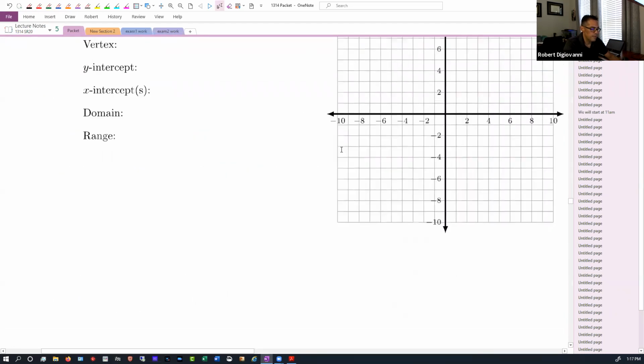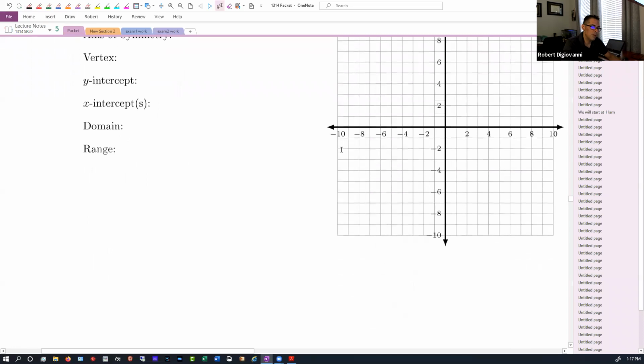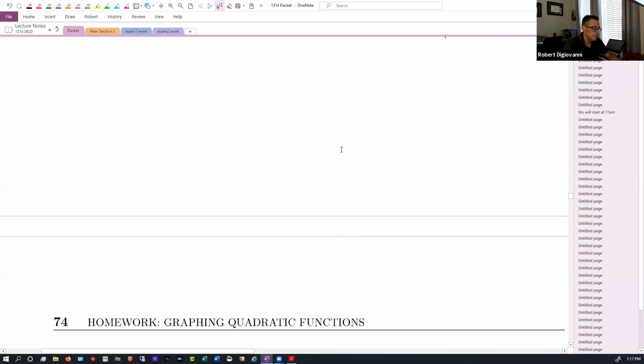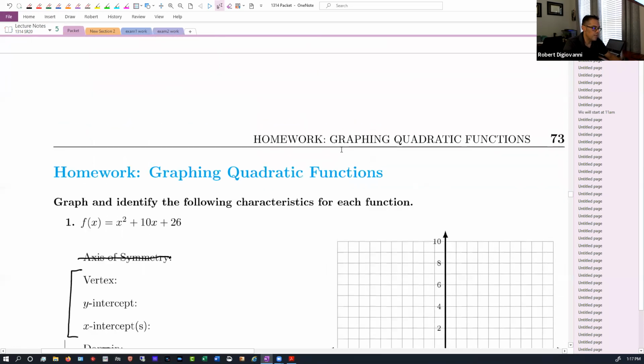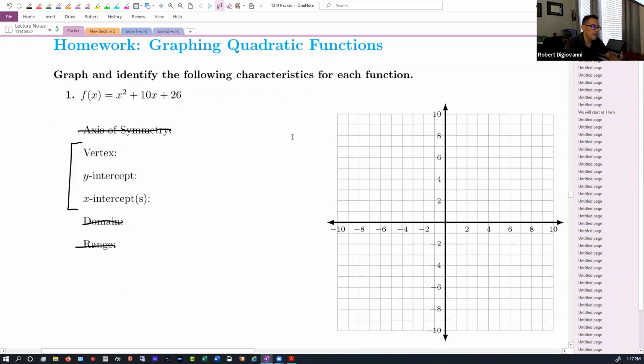Okay, so that's the homework. So let's do this. It's 1:17. Why don't we do the breakout rooms again? And I'm going to let you all work on the first homework problems as groups. And once your group has gotten the graph, check with me and I'll tell you whether or not you're right or wrong.